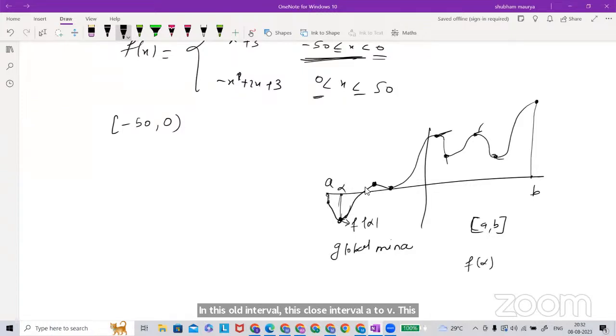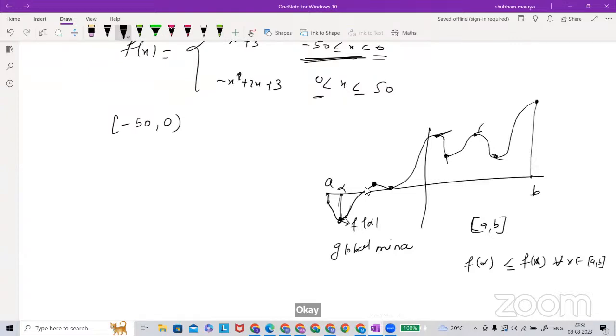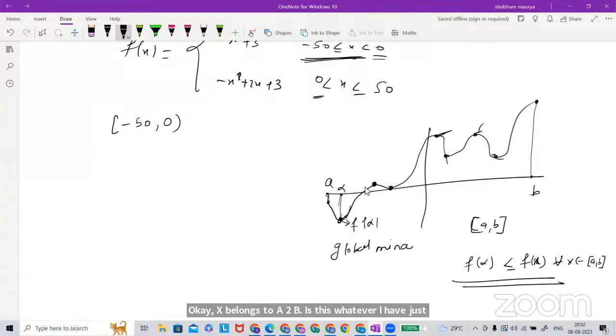Then f alpha is less than or equal to f(x) for all x belonging to A to B. Is this mathematical format clear? Yes, sir.